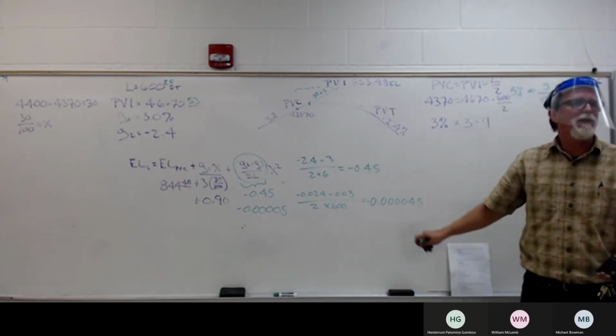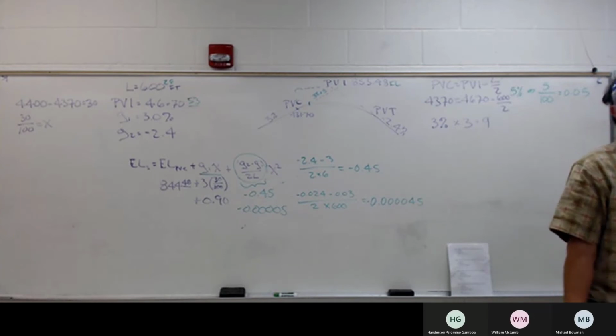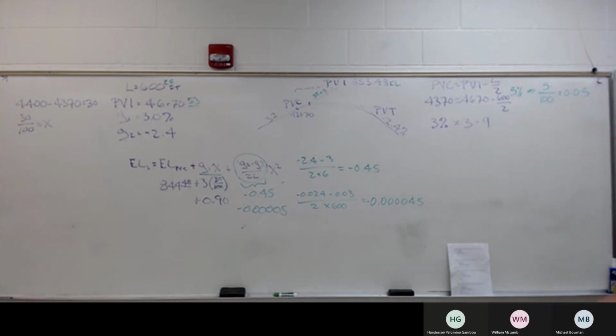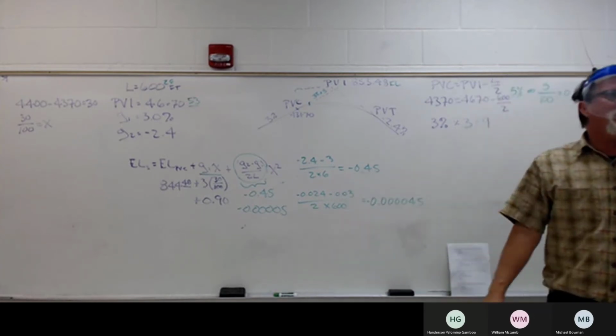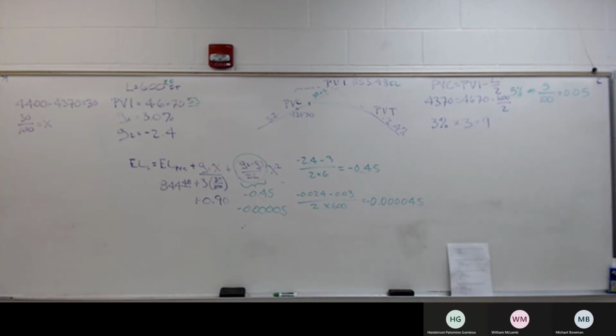And it's going to be like that every time. You have to end up with these tiny little numbers. I'd rather work with something that's closer to a whole number, closer to 1. But it'll work either way. Use whichever format you like the best.